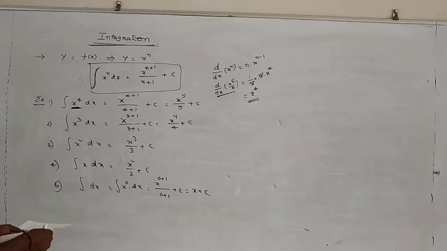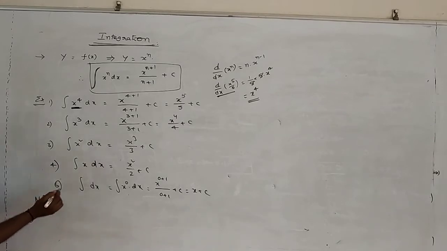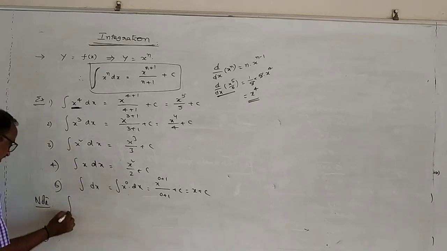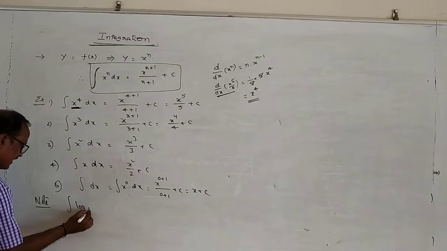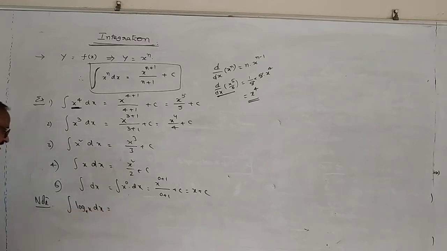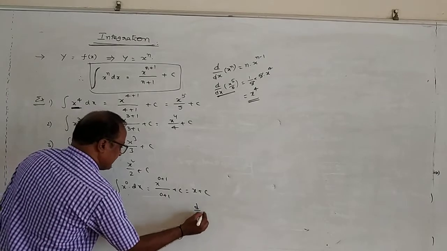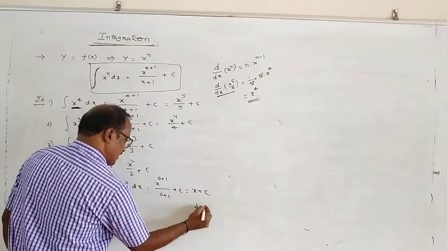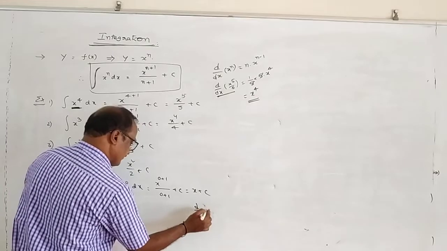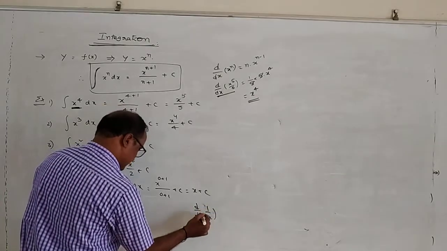Next, what is the value of some more points here? Integrations of the logarithmic function and also the exponential function. Suppose integral log x dx. What is the value of d by dx of log x? It is d by dx of 1 by x.